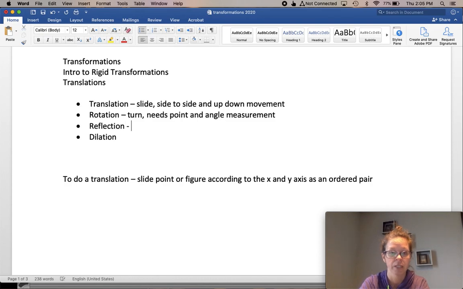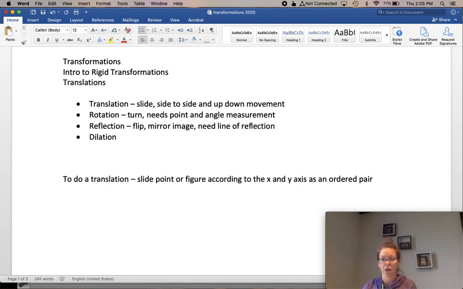A reflection, a common name for that, we could call it like a flip. And so in a reflection, one way to think about it would be like a mirror image. And so in a reflection, we are going to need a line of reflection.